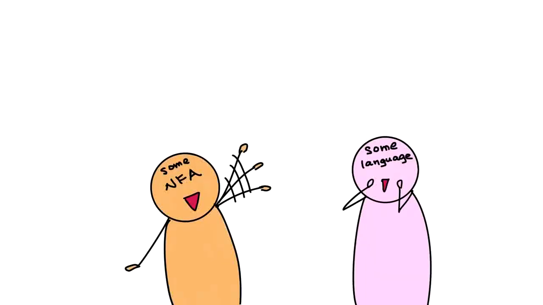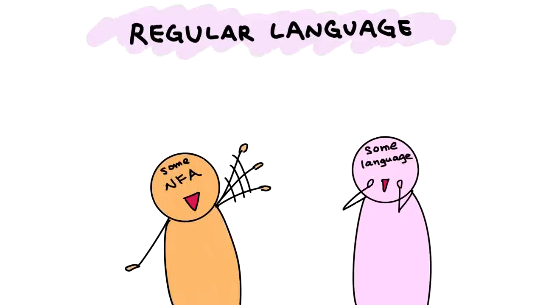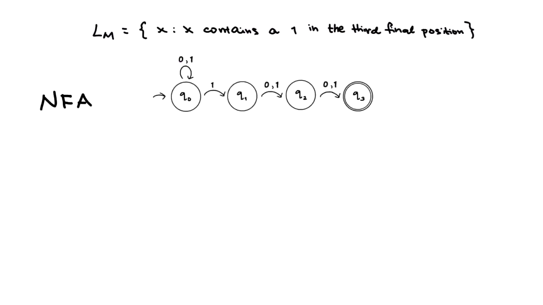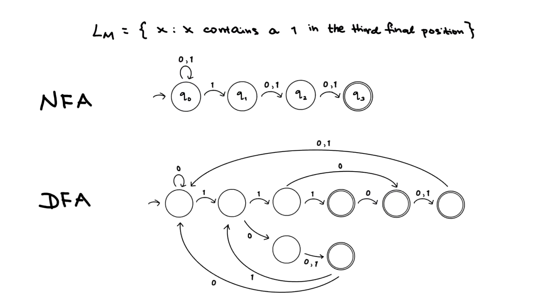In fact, like DFAs, a language recognized by an NFA is also a regular language. This means that any language that a DFA recognizes can be recognized by an NFA too. And for any language recognized by an NFA, we can always construct a DFA that recognizes the same language.